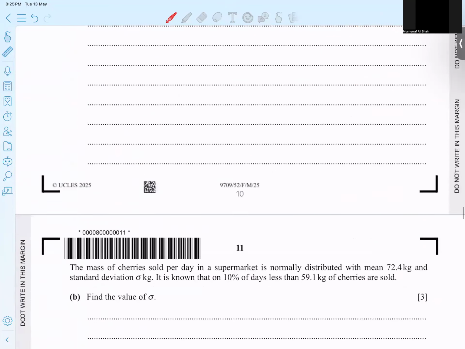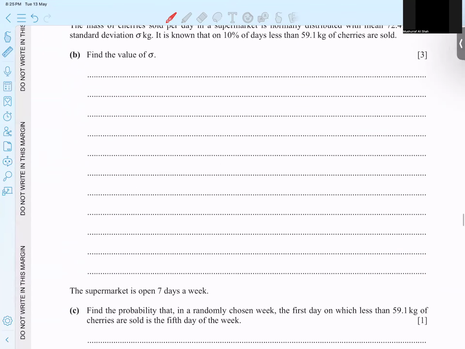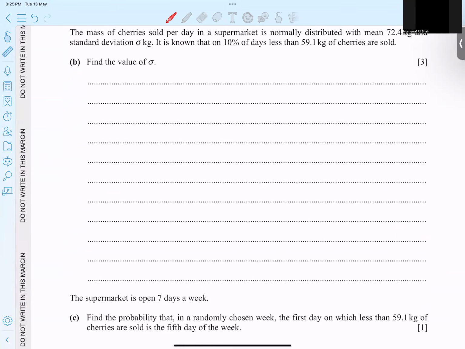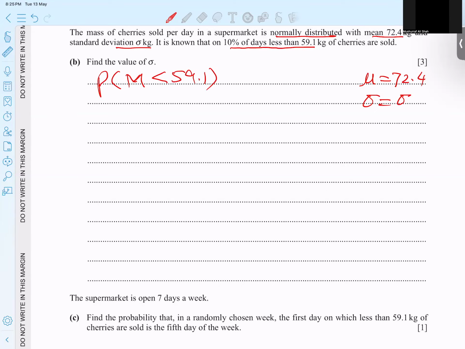So let's go for the next part. Next part, students: the mass of cherries sold per day in the supermarket is again a normal distribution. The mean is given again, 72.4 kilogram, and the deviation is unknown. 10% of the days are less than 59.1 kilogram. So the mass is less than 59.1 kilogram for 10%. So how to convert it?